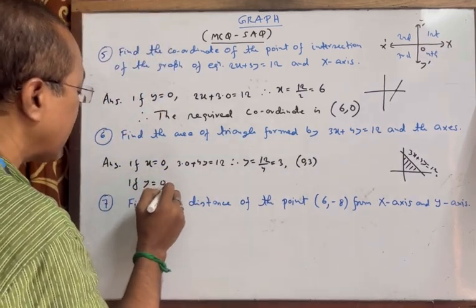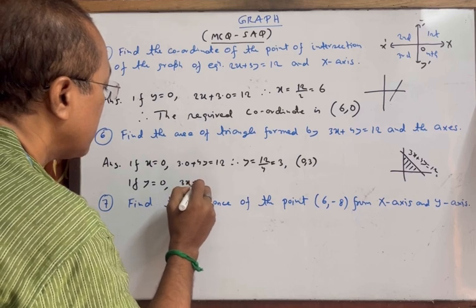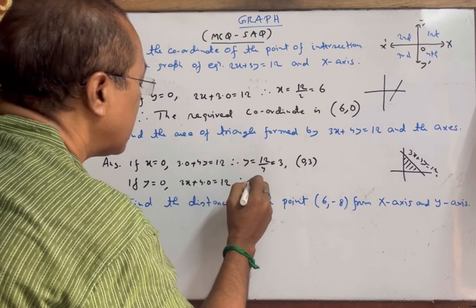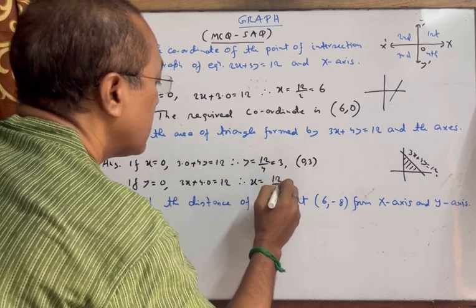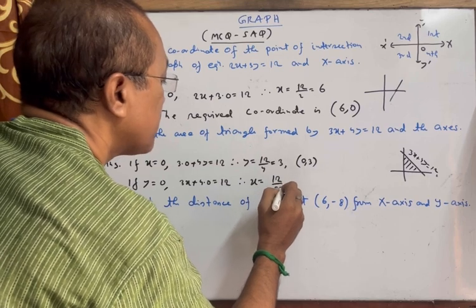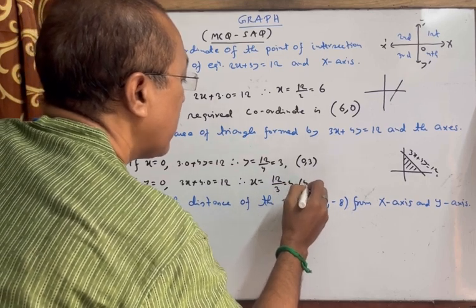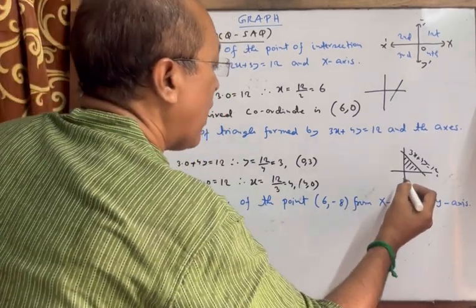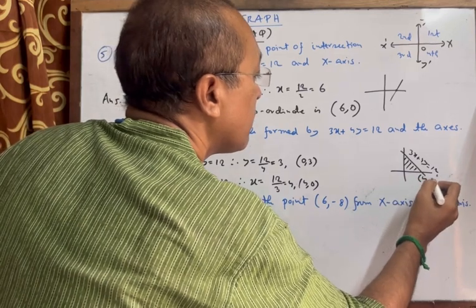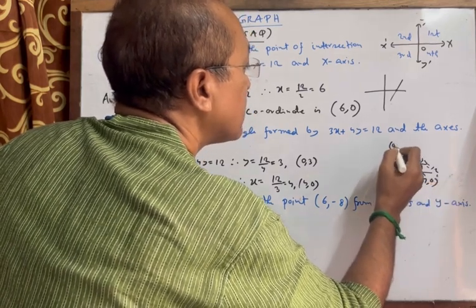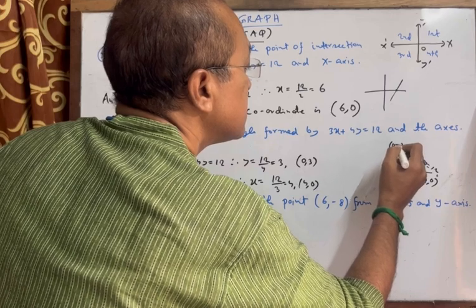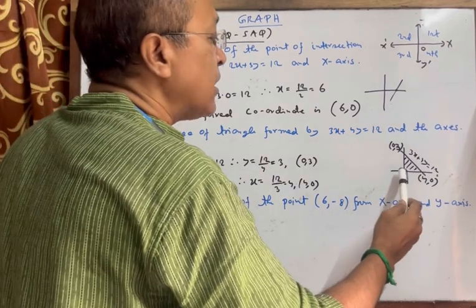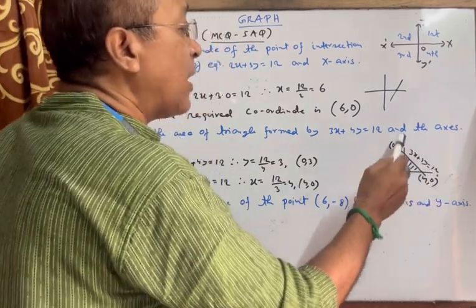If y is equal to 0, 3x plus 4 into 0 is equal to 12. That is x is equal to 12 by 3, that is 4. So the point will be (4, 0). So we got both the points here. One is (4, 0), another is (0, 3). (4, 0) means the base is 4 unit, the height is 3 unit.